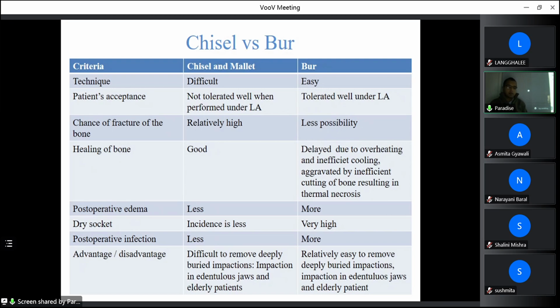That's why in case of an HIV positive or hepatitis B patient, we have to use chisel and mallet. We can't use the rotary instrument. You can't put all the rotary instruments inside the autoclave; it will damage our instruments. So we commonly do all the surgery using universal precautions, and we have a lot of HIV positive patients in Nepal as well.